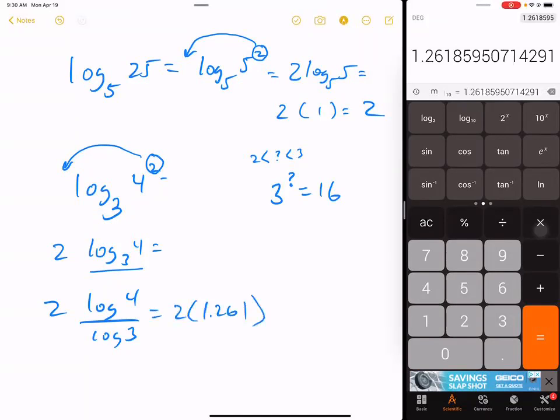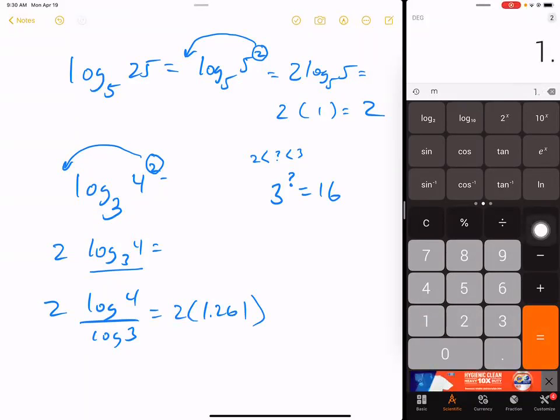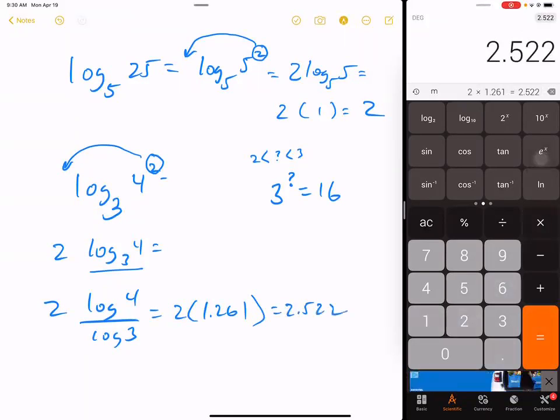I'm going to keep that and multiply by 2, and the exponent is going to give us 2.522. So we can use our logs to help us solve these problems.